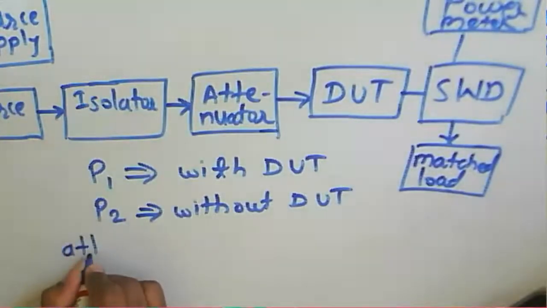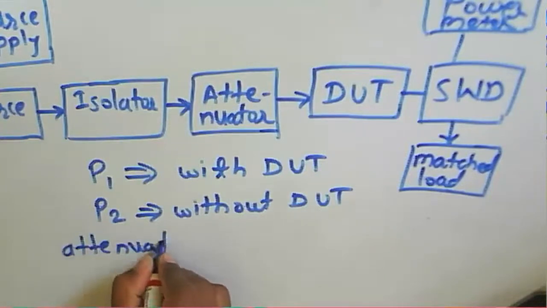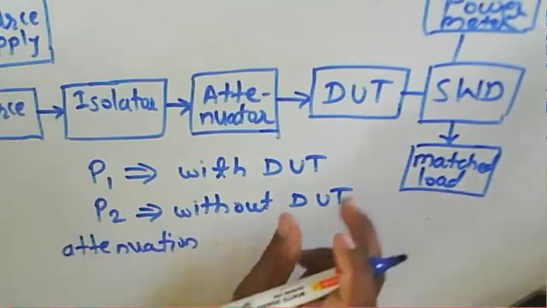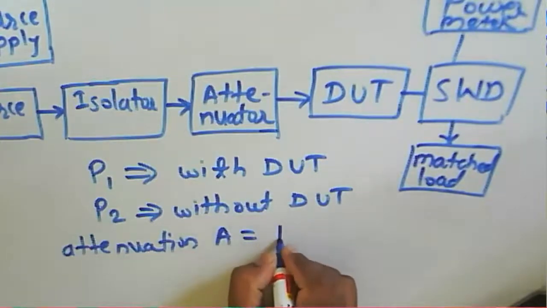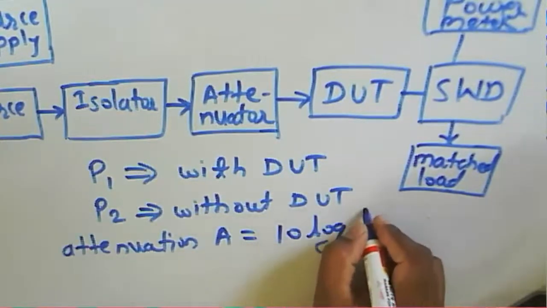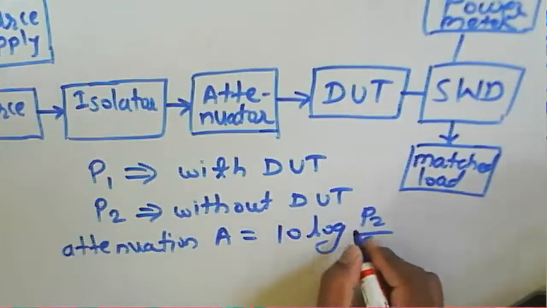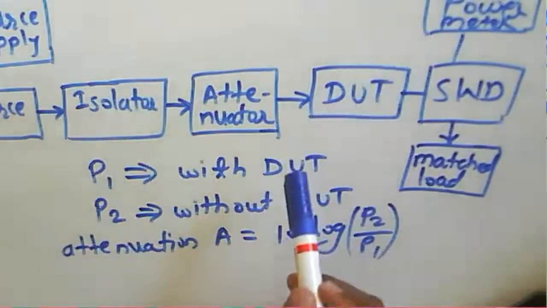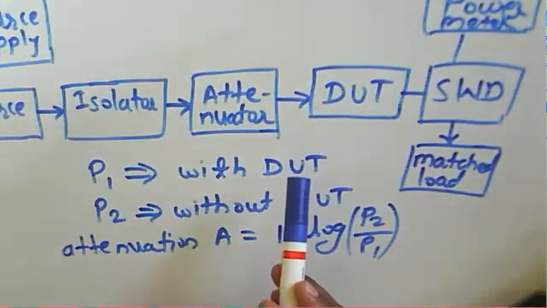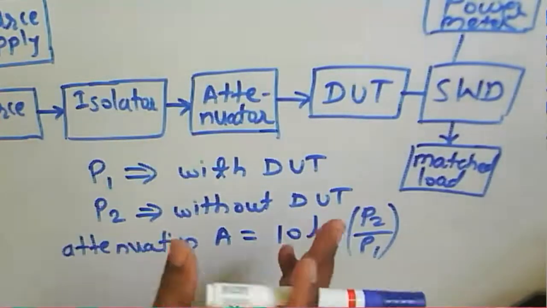So the attenuation of the given device under test is A equals 10 log of P2 by P1. So we'll get the attenuation. In the case of a power meter here, directly we will get how much power is measured without the device under test and with the device under test.